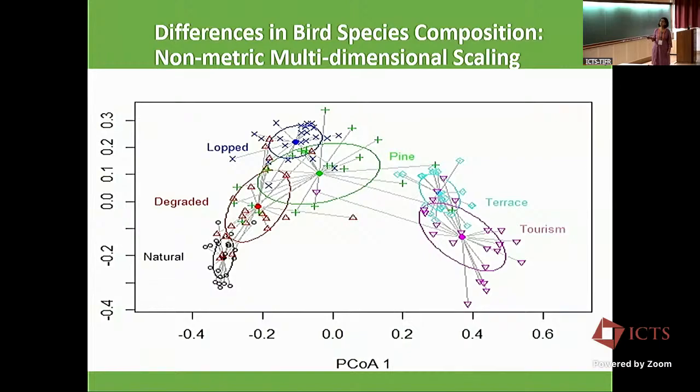And tourism, I mean the built up areas, is completely different. It has birds which come in and feed because people are also there. There's a lot of garbage, there's food around, there are different artificial sources of food, right? Now of course you can do these methods just on the software, but it's very good to understand what exactly is going into these calculations.